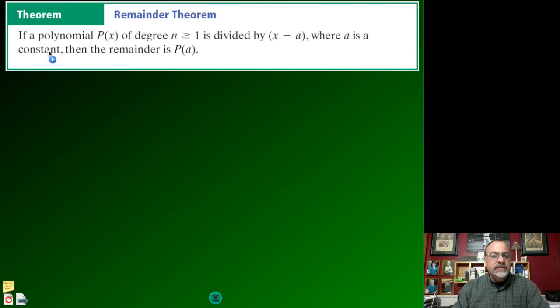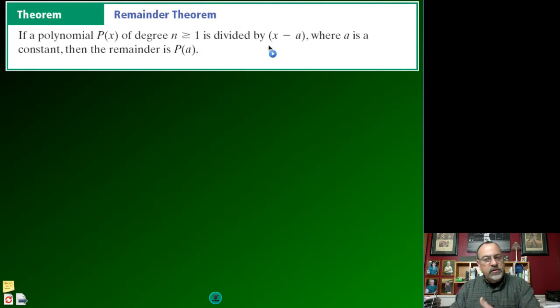And the remainder theorem says, if you have a polynomial of a degree that's bigger than 1, and you're going to divide by x minus a, where a is some constant, then the remainder is going to be p of a. Now what does p of a mean? Remember, p of a means you're going to substitute a into the function.